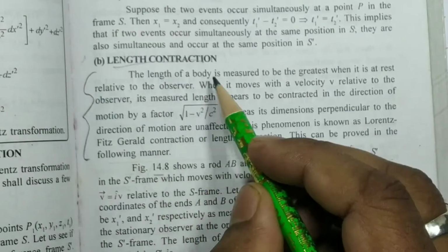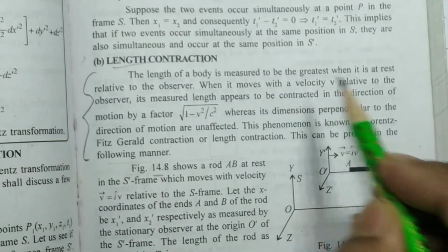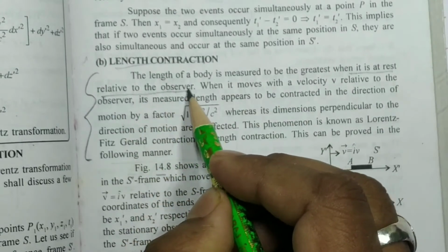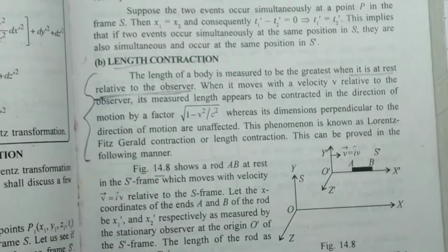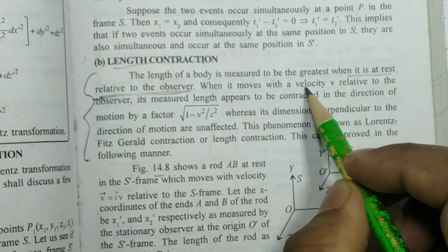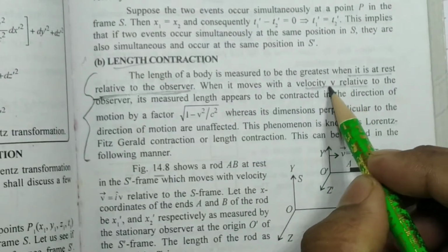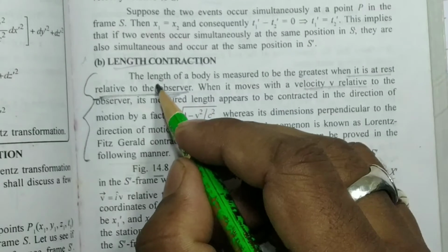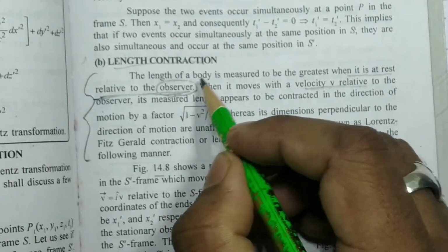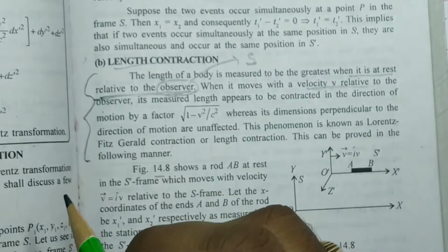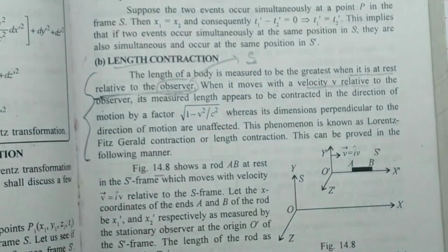The length of a body is measured to be greatest when it is at rest relative to the observer, and when it moves with the velocity v. Here v means approximately the velocity of light relative to the observer. Here this observer means the observer who is sitting in the S frame.